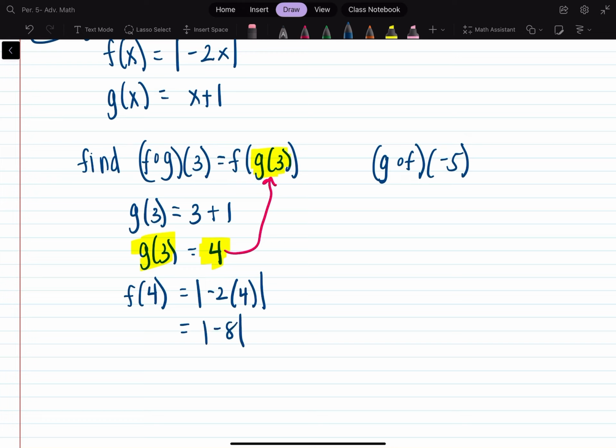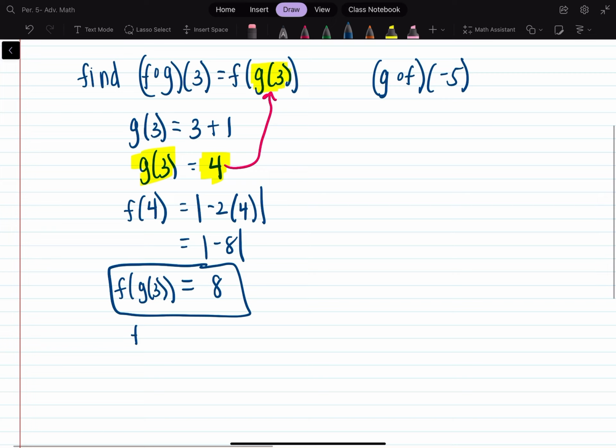And remember, all the absolute value operation does is take the positive version of whatever's inside the absolute value. So this is just 8. So f of g of 3 is equal to 8.